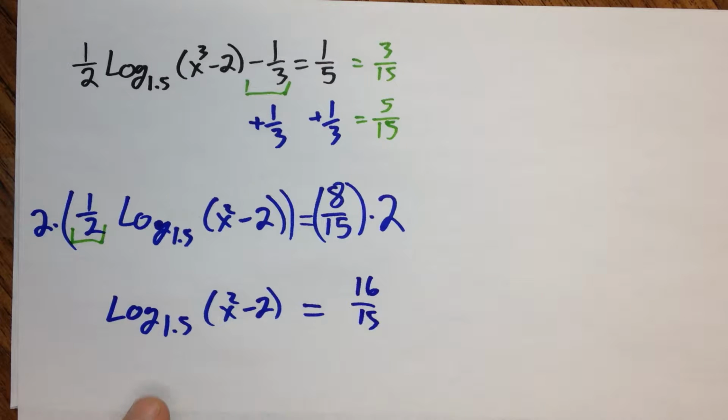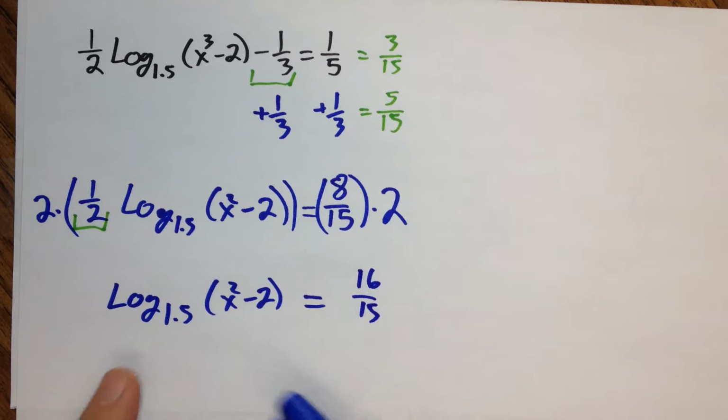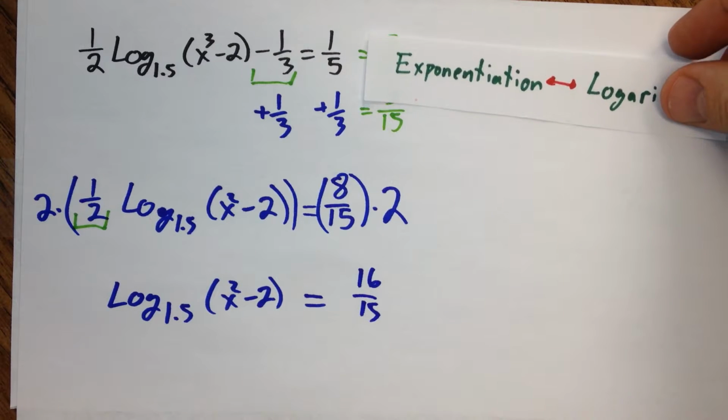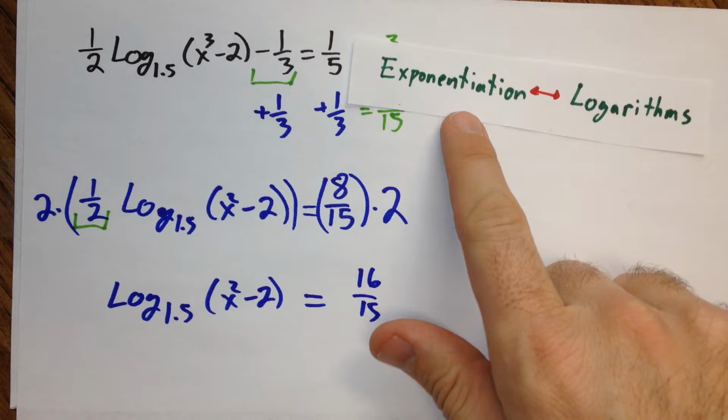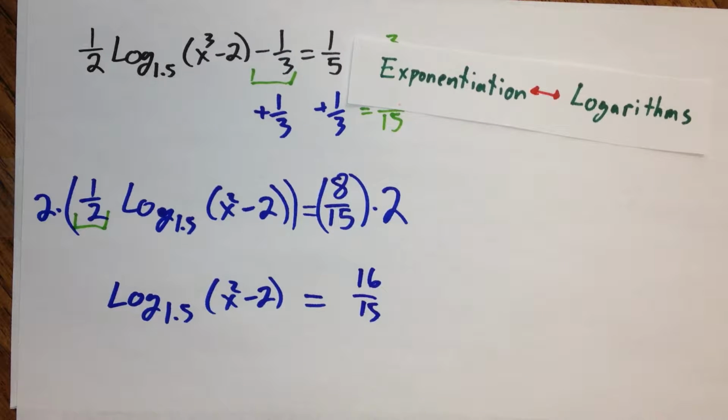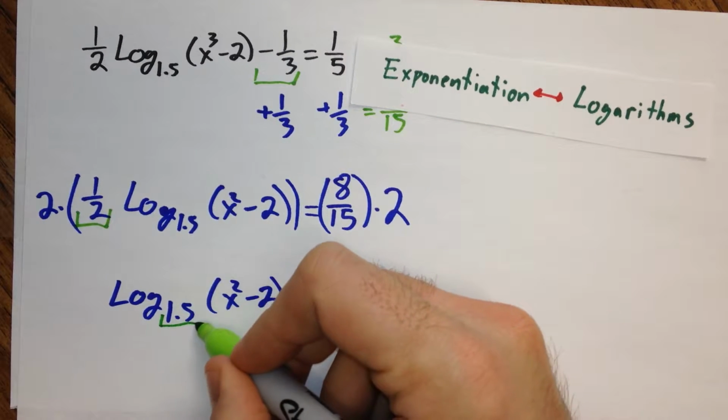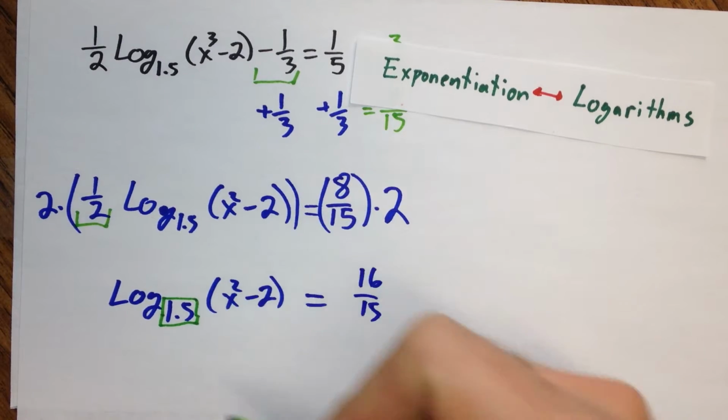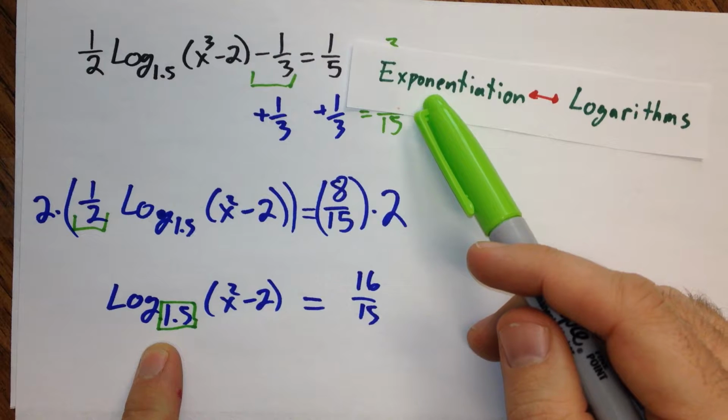Okay, at this point, I now have a logarithm. We have to remember, how do we undo logarithms? And you remember, logarithms are undone by using exponentiation. What is the number that we're going to be working with? The number we're going to be working with is this 1.5. So this 1.5 needs to be used in an exponentiation.